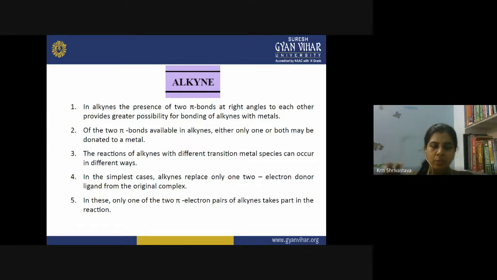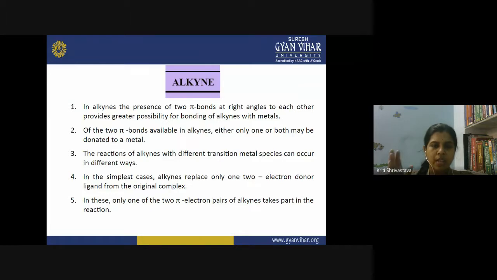However, they have two pi bonds present over them, at right angles to each other, and therefore it is much easier to form a complex of metal and alkyne, because now we have two pi bonds available for the metal atom. So out of the two pi bonds available in the alkyne, either only one or both may be donated to the metal. They can donate one or donate two.